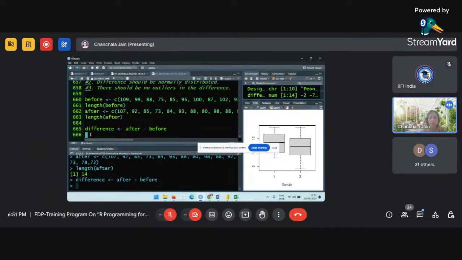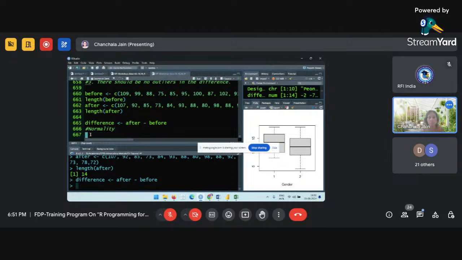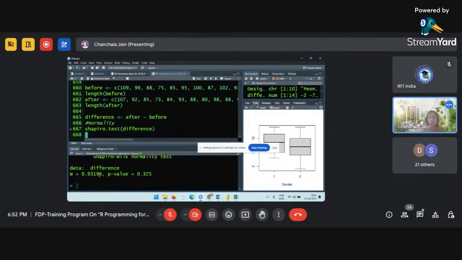Now I want to check the normality of this. For that, you need to go to the Shapiro.test. You need to write the difference and press control enter. Now you can find the p value is greater than 0.05 here.